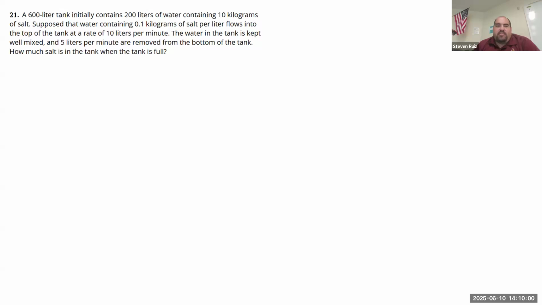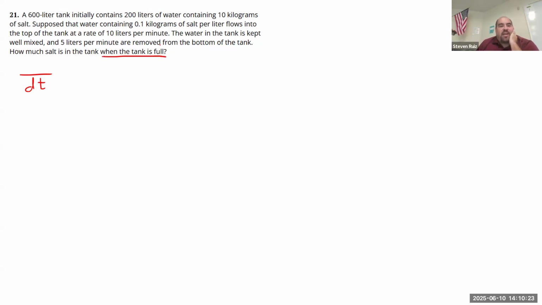So typically with these, the first thing we should figure out is what variable should we control for? And I hate saying always, but pretty much always, from what I've seen, the independent variable we should control for is time. Just look at the final question that we're asked to answer. When the tank is full, I want to know something.